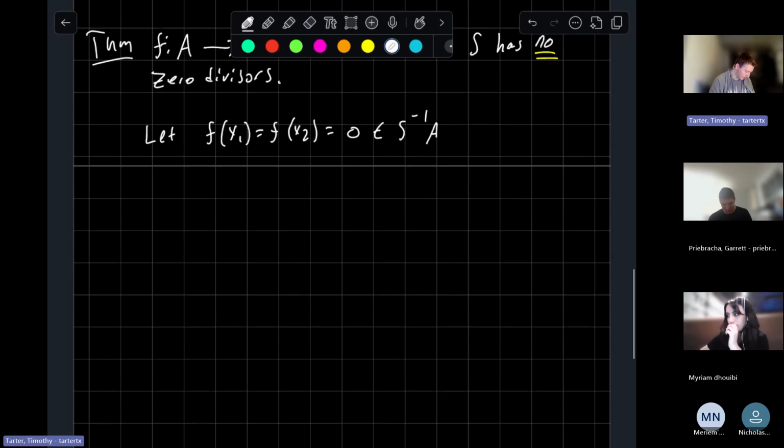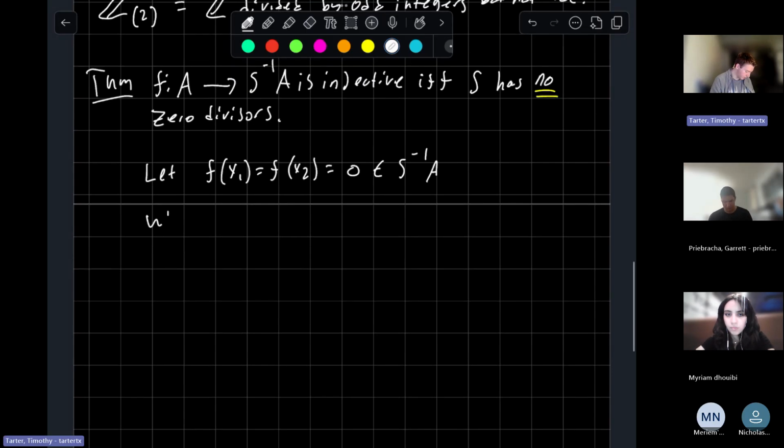Well then, we want to show that it's injective, so we want to show that x1 is equal to x2. And A has no zero divisors.